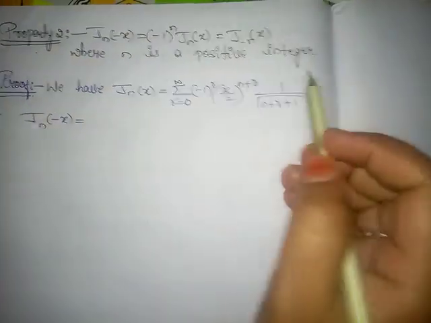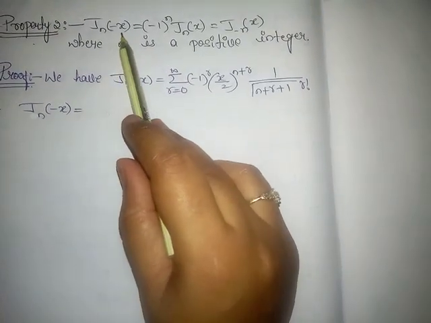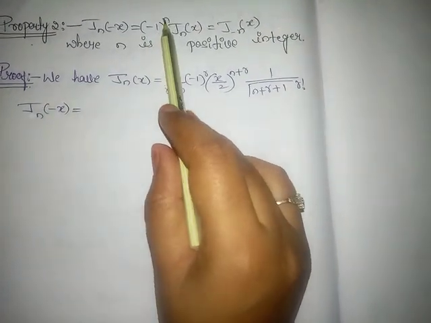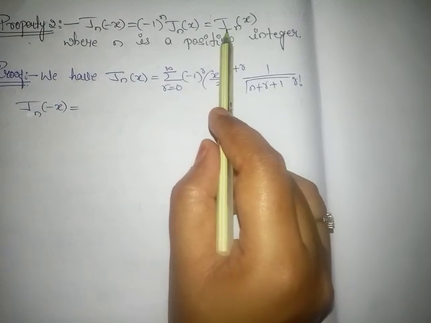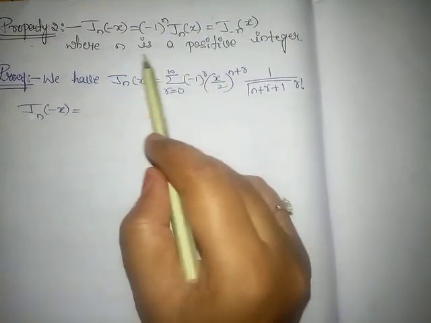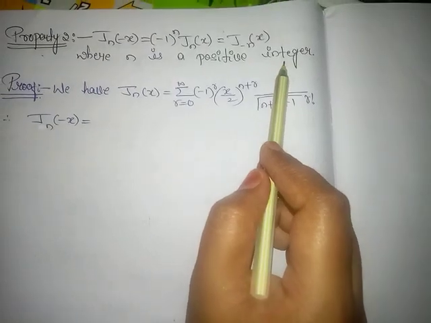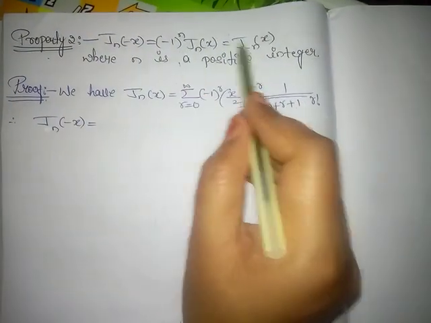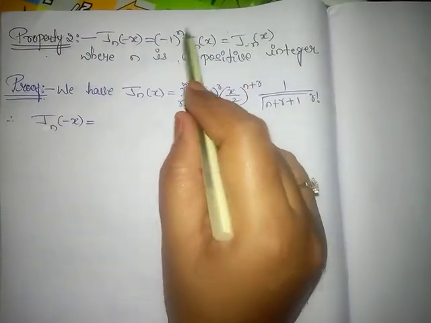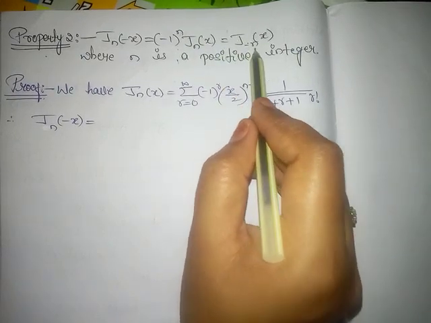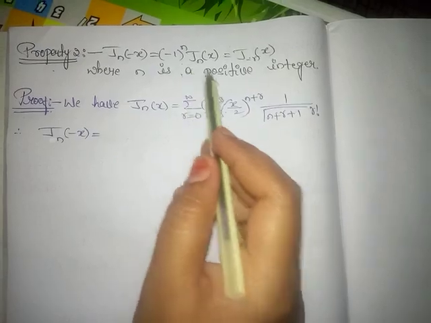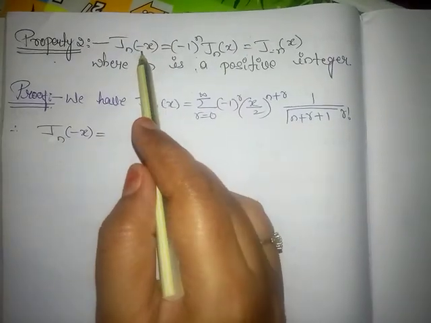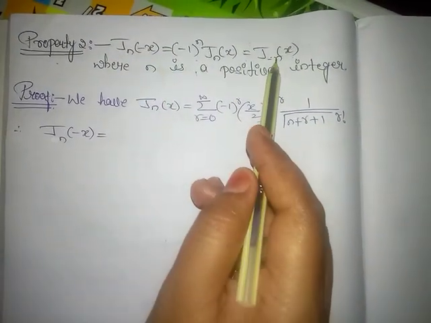Second property: Jn of minus x is equal to minus 1 raised to n Jn of x, which is equal to J minus n of x, where n is a positive integer. From the first property we prove this one, that is minus 1 raised to n Jn of x is equal to J minus n of x. Here we simply prove either this is equal to this or this is equal to this.